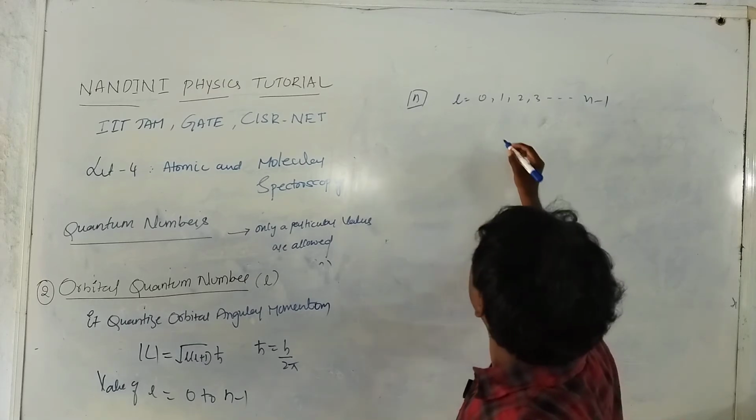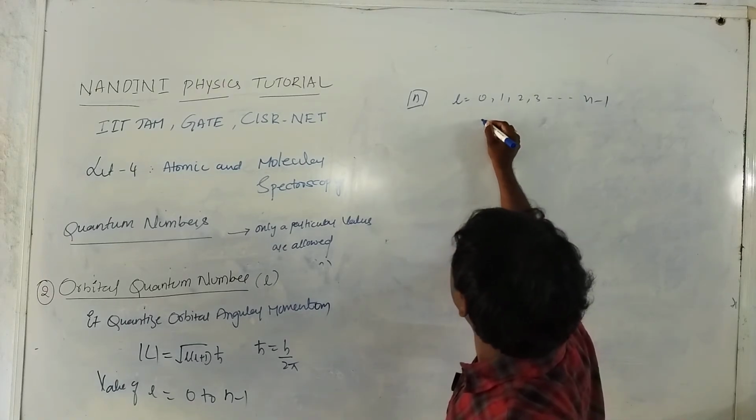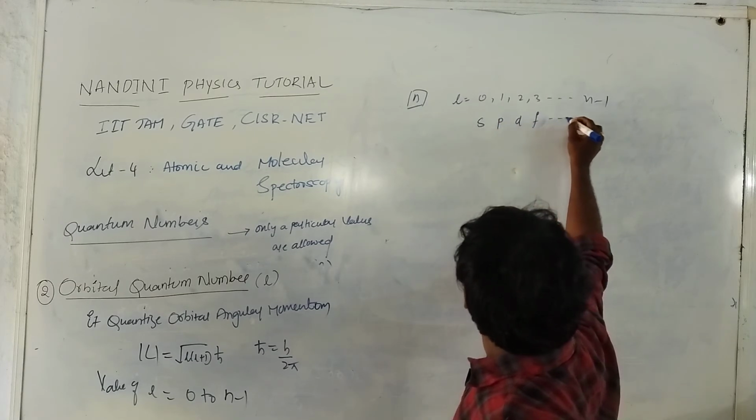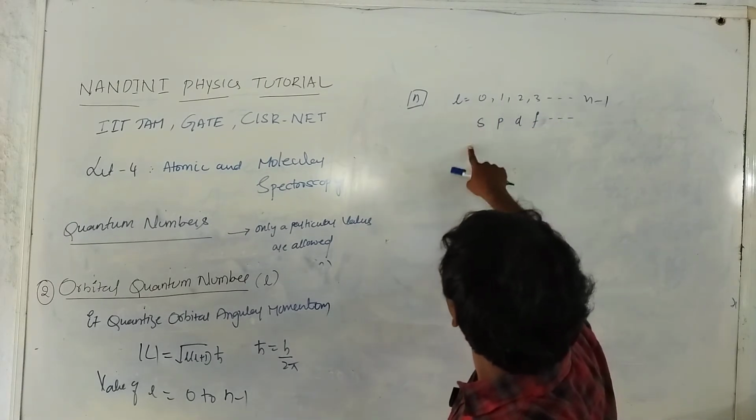This 0 represents the S state, then P, D, F, and so on. So each state represents one number.